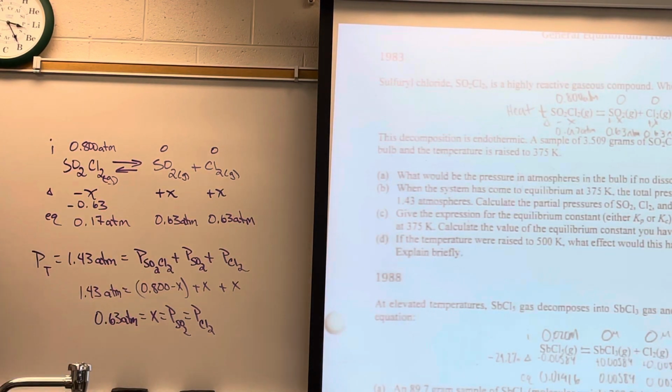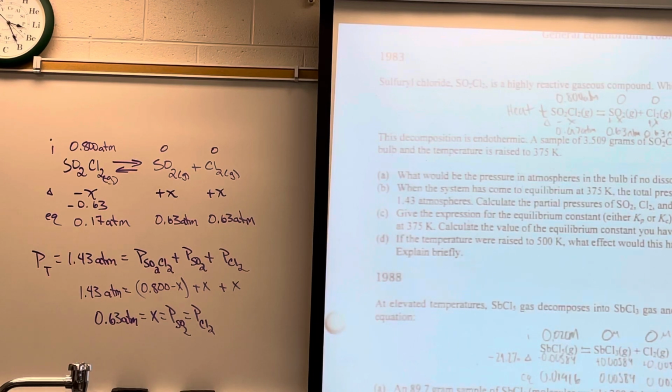Then, you just plug into your Kp expression. Y'all, when it says total pressure, use Dalton's law. That's your key phrase, total pressure. So when you're taking this test, you see the term total pressure, you underline it. What's adding up to that total pressure?